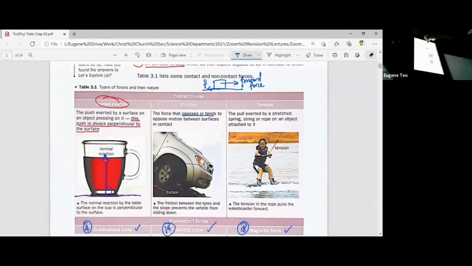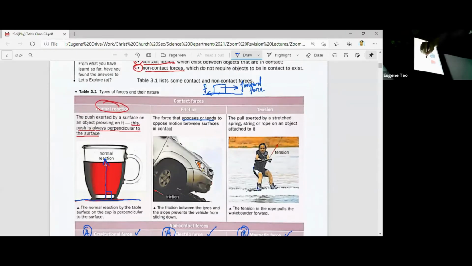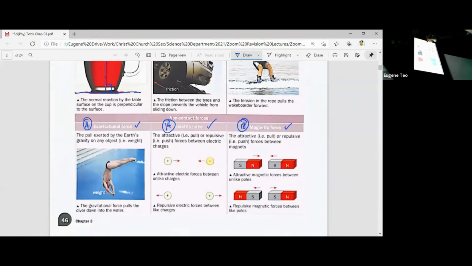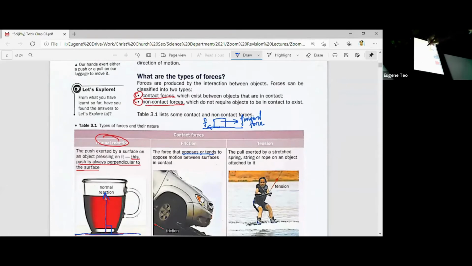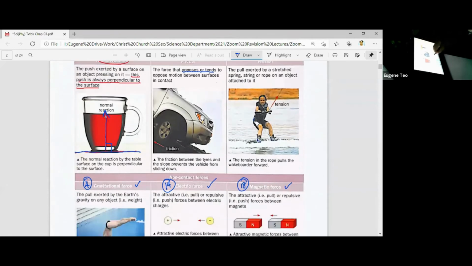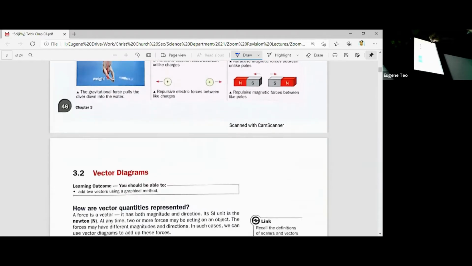But regarding the three contact forces, normal reaction, friction, and tension, you will see them more in this chapter itself. Just a recap: force is a push or pull. The types of forces are contact and non-contact. The three contact forces are normal reaction, friction, and tension. The non-contact forces are gravitational, electric, and magnetic force. So that's for the first part here.